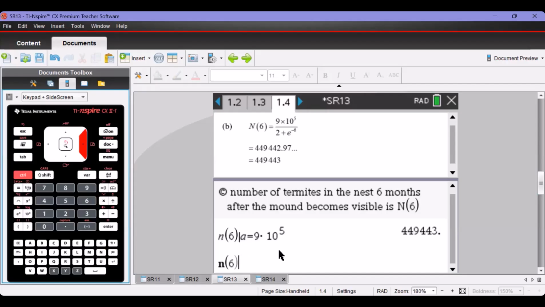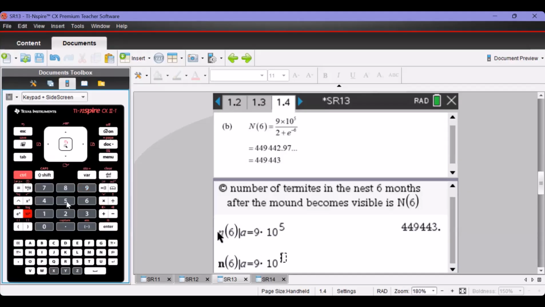We press Control equals, then navigation pad to the left to highlight the given symbol. Then press Enter, and then we say we want to evaluate that with A equals 9 times 10 to the power of 5. You can also type in 900,000, no problems at all, and press Enter.